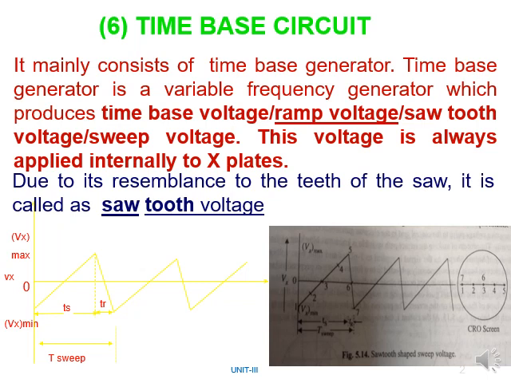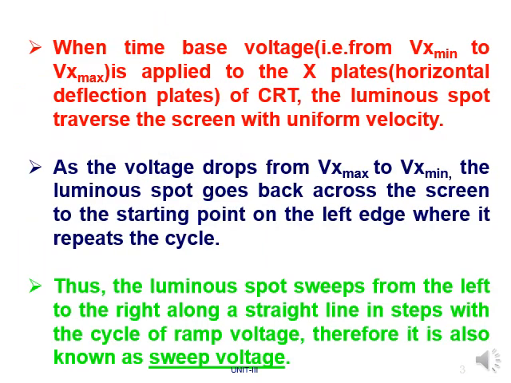And the voltage from Vx minimum, that means minimum negative voltage, to maximum positive voltage, that is known as sweeping time. So when time base voltage is applied to X plates of CRT, from minimum negative voltage to maximum positive voltage, the luminous spot travels across the screen with uniform velocity.